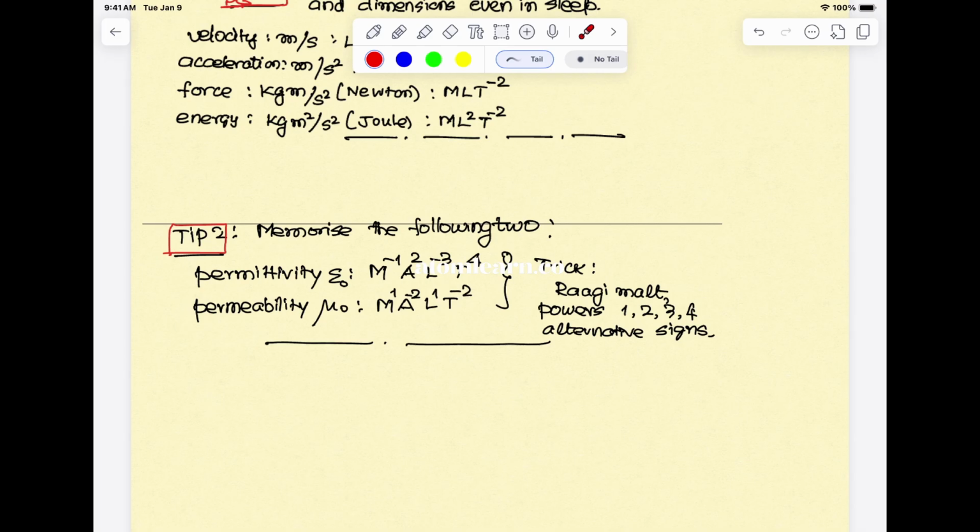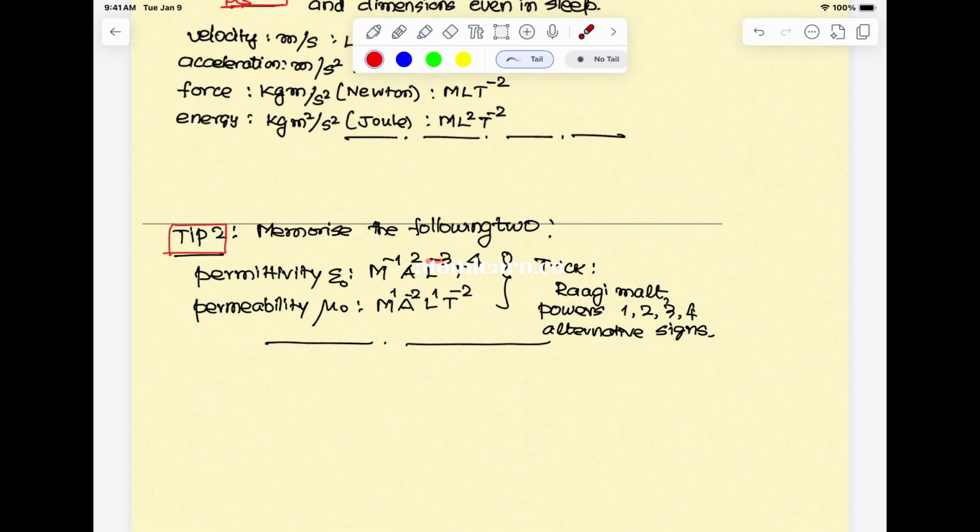Okay. Now for permittivity, you first write MALT, and then write the powers as 1, 2, 3, 4. Understand? That is, write MALT first, and then write the powers 1, 2, 3, 4, and then start putting the signs for the powers, starting with minus, then alternating with plus.